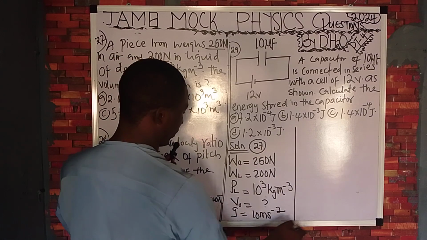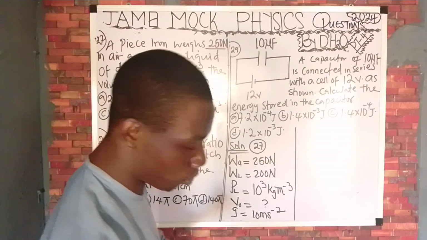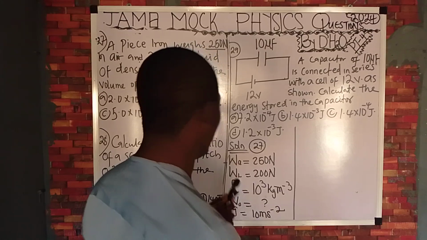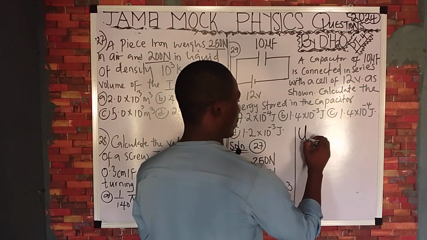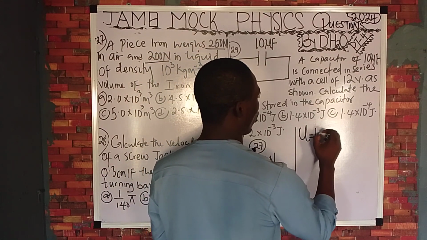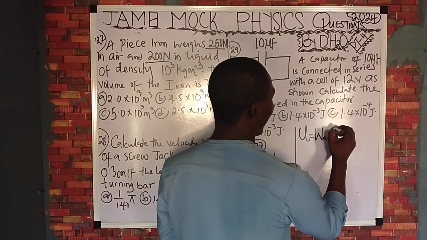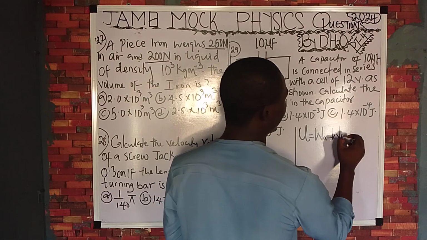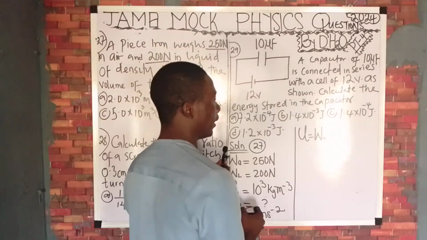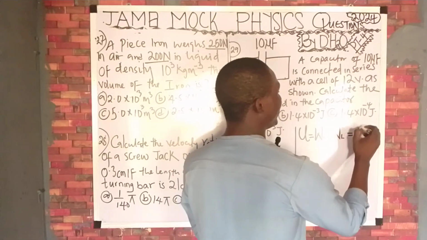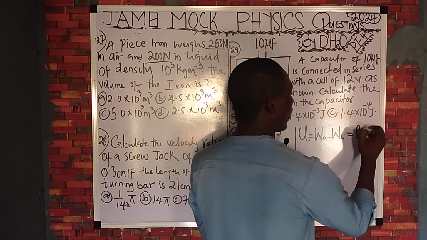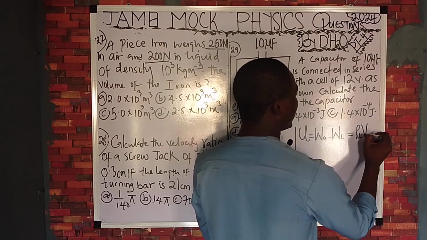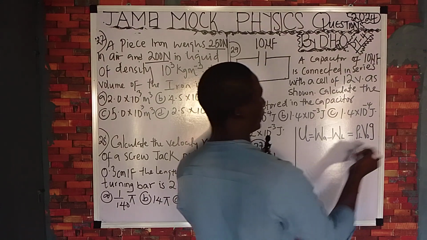So what do we simply do? We are simply going to solve this interesting question. Remember that your upthrust is equal to the weight of the object in air minus the weight of the object in the liquid. Okay? And it's also equal to the density of the liquid times the volume of the object times gravity.